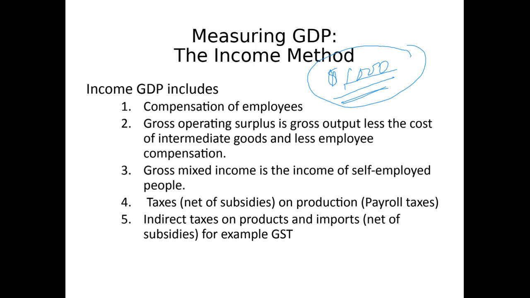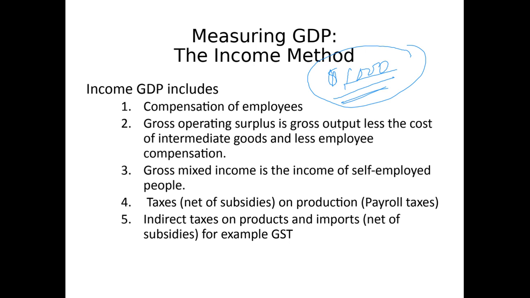The third type of income is gross mixed income, which is nothing but the income of self-employed people. So self-employed people's income is what we call gross mixed income. We add all these three incomes and then make an adjustment. We add taxes, of course, net of subsidies.